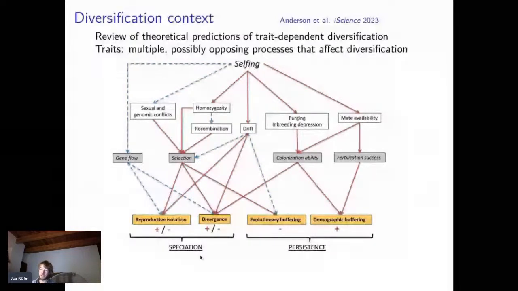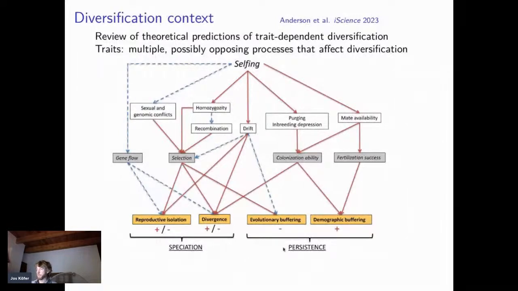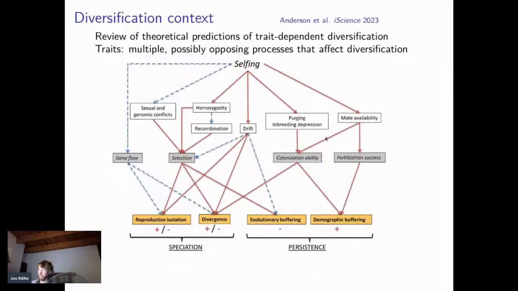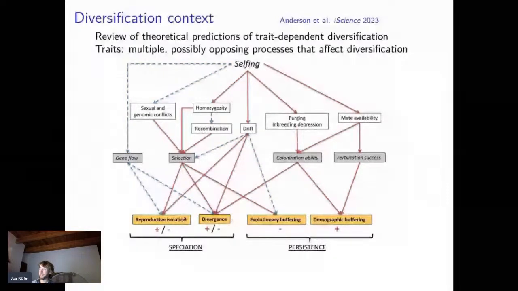And diversification is speciation minus extinction, so speciation plus persistence. So there are lots of processes that can affect the persistence and the speciation, and selfing influences lots of these processes.